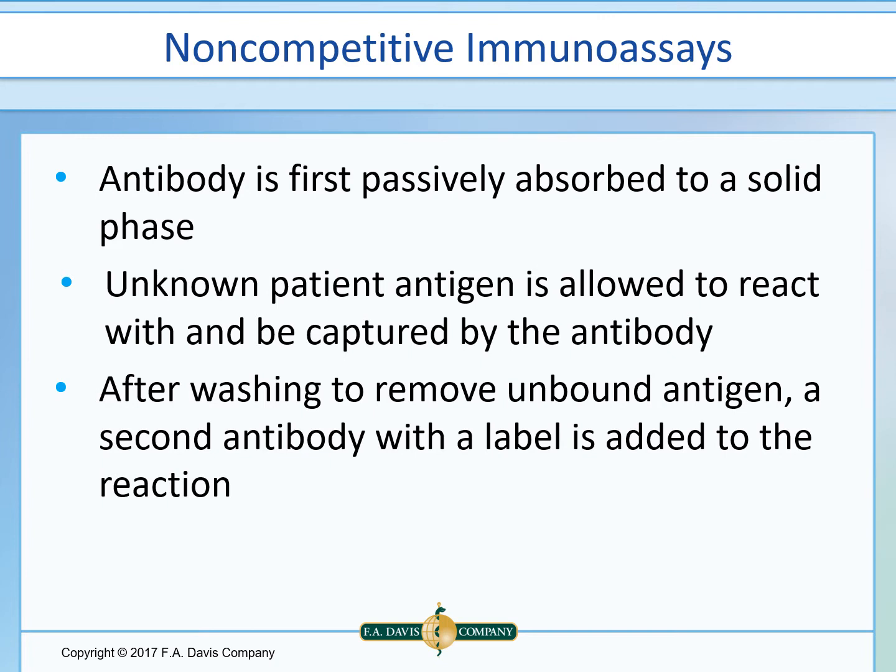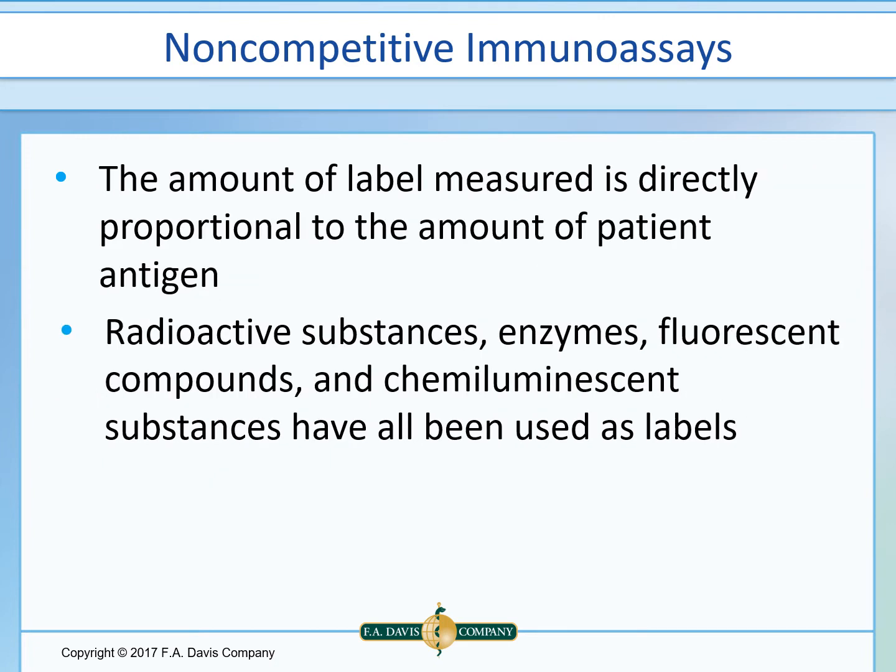Unknown patient antigen is then allowed to react with and be captured by the solid phase antibody. After washing to remove any unbound antigen, a second antibody with a label is then added to the reaction. Of note, these types of non-competitive immunoassays are more sensitive than the competitive immunoassays. In the non-competitive immunoassay format, the amount of label measured is directly proportional to the amount of patient antigen.